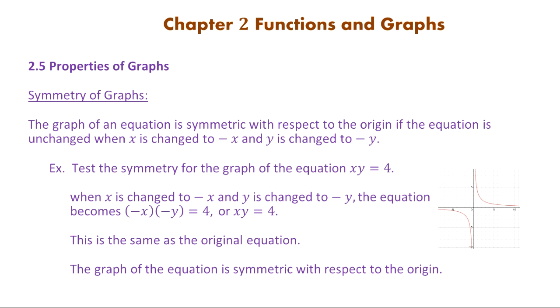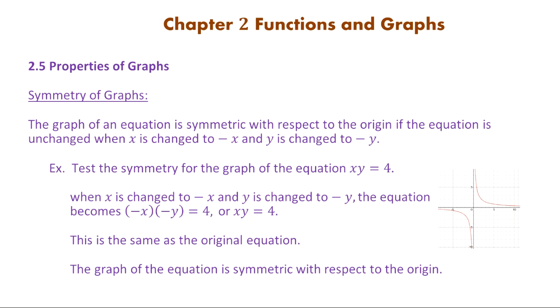So how do you know this? The graph of an equation is symmetric with respect to the origin. This time you have to change both x to negative x and y to negative y and see if the equation is changed or not.